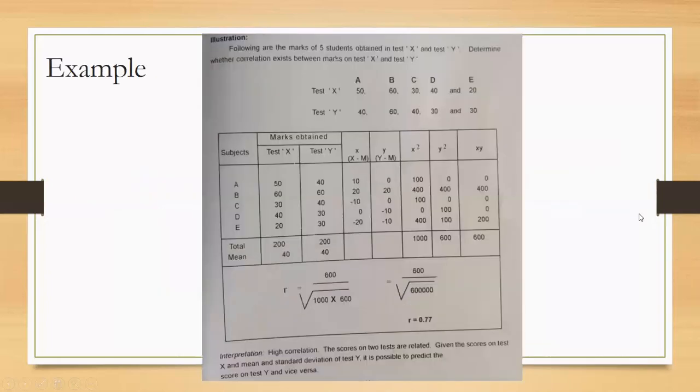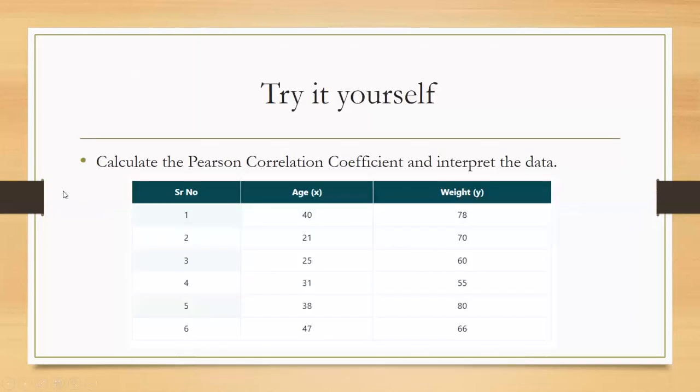When you're writing any answer, it should be followed with the interpretation. Here you can see high correlation, meaning the scores obtained in English and Maths are highly related. That is the meaning. Like that, you need to write your interpretation, and this is only for Pearson's product moment correlation coefficient. Once again, for Pearson's product moment, you find summation xy divided by the square root of summation x square, summation y square.